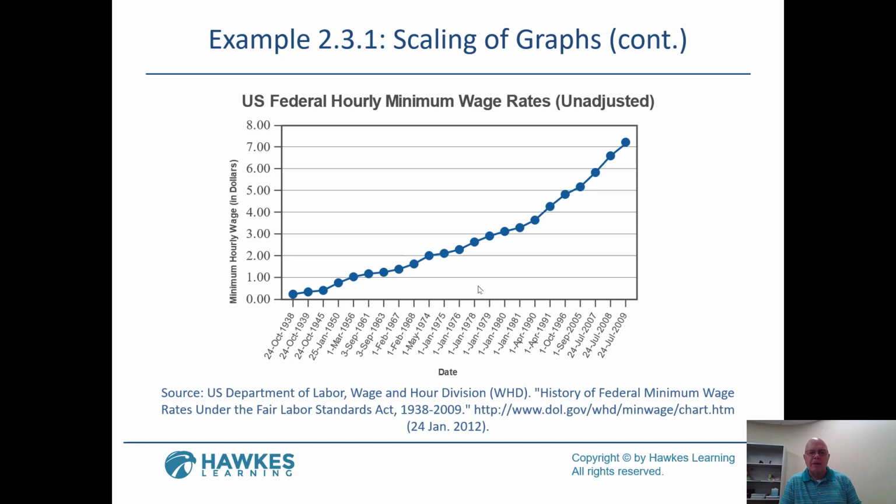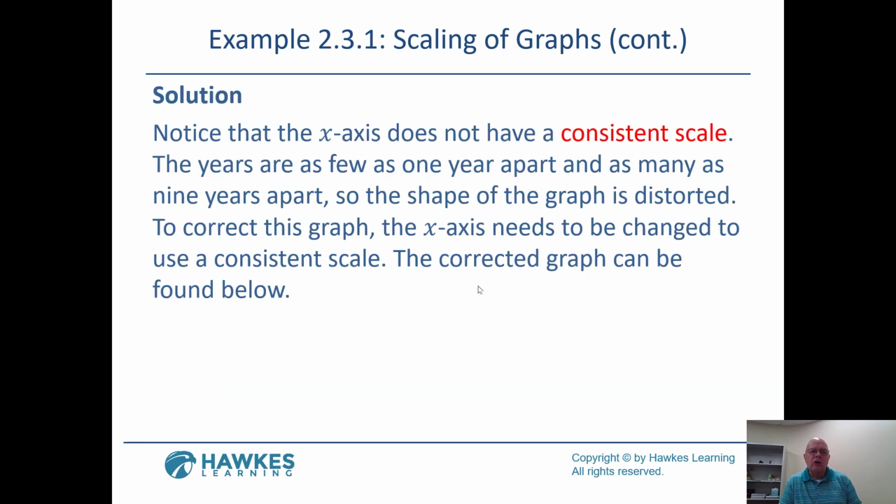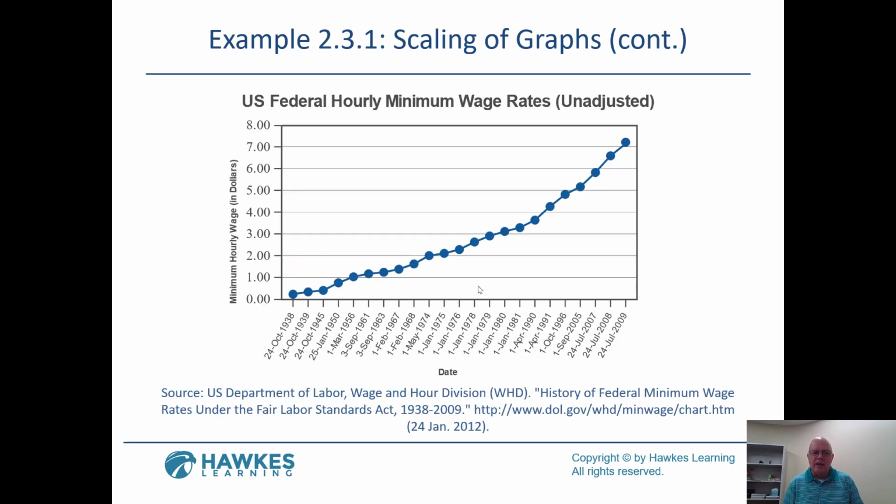Have you found something? Well, notice that the x-axis does not have a consistent scale. Look back again. See the scale at the bottom? You have 1938, 39, 45. You jump 1 year, then you jump 6 years, then you jump 5 years and 6 years.